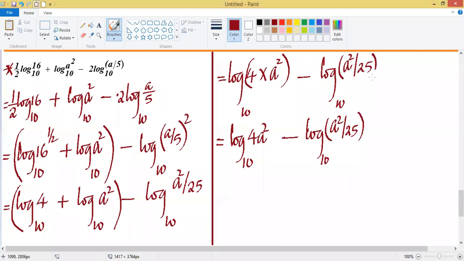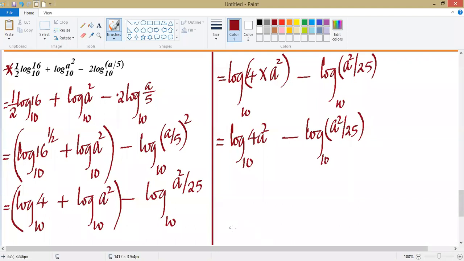Now, when subtracting, what are we going to do to those numbers? Divide. We are going to divide.